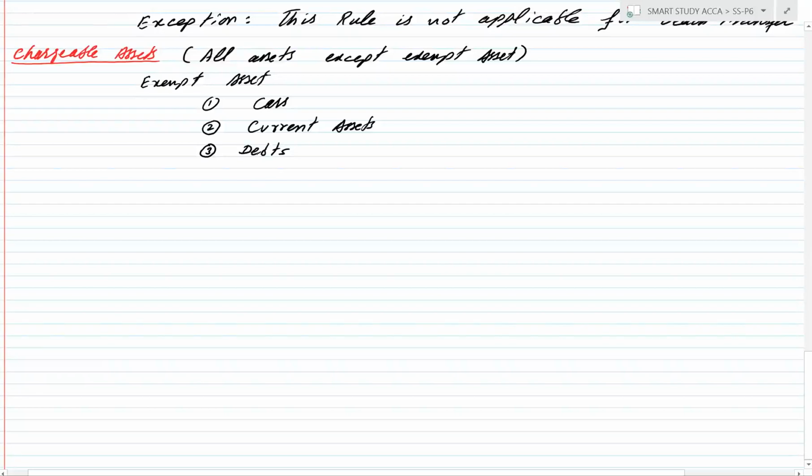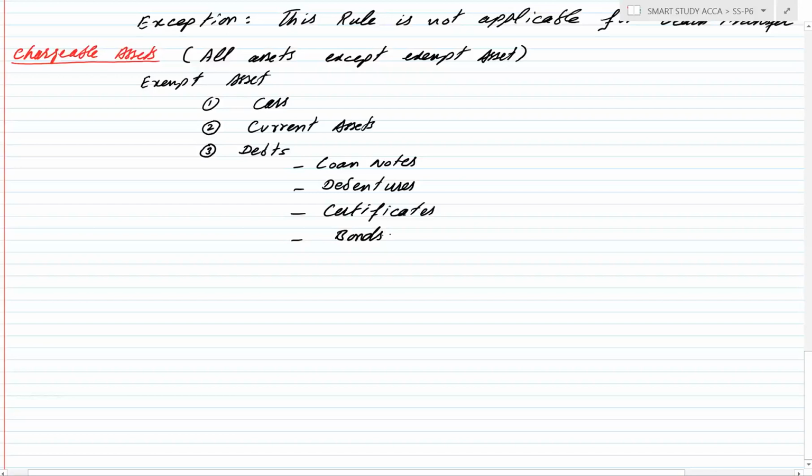Students, all type of debts are exempt in CGT. So for example, maybe loan notes, maybe debentures, maybe certificates, maybe bonds. So all the types of debts are exempt in CGT.